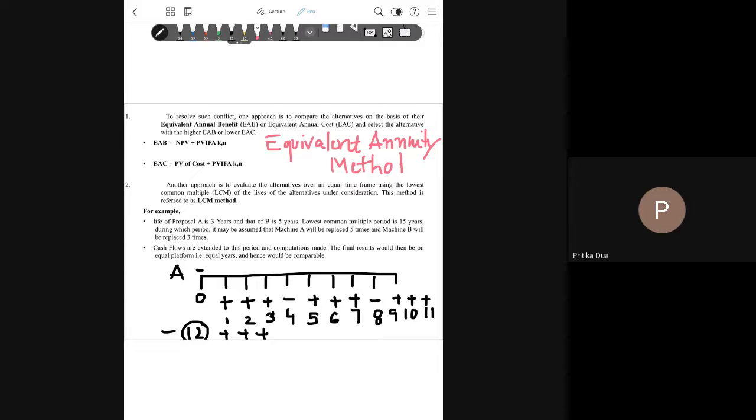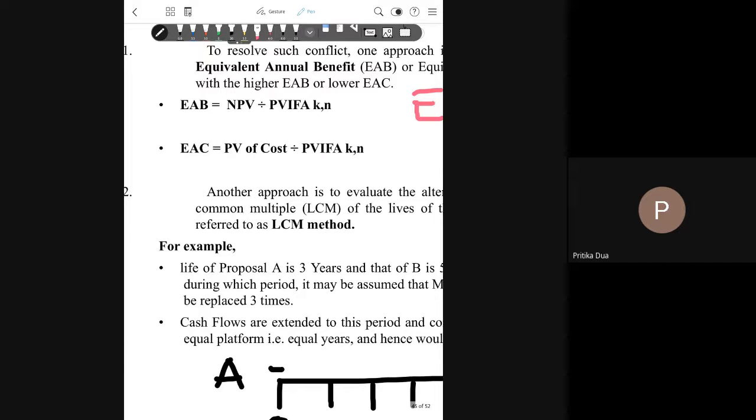Now this concept involves the reverse of the PVAF concept. Now you can see here, I'll just zoom in. How do we calculate the equivalent annual benefit or equivalent annual cost? For equivalent annual benefit, we first calculate the NPV of the project and divide by PVAF.